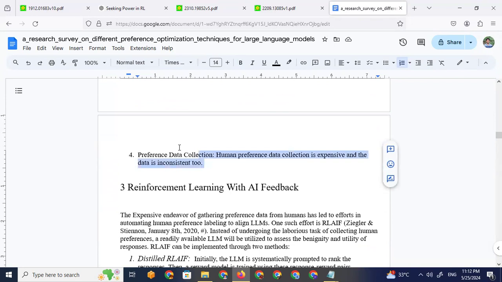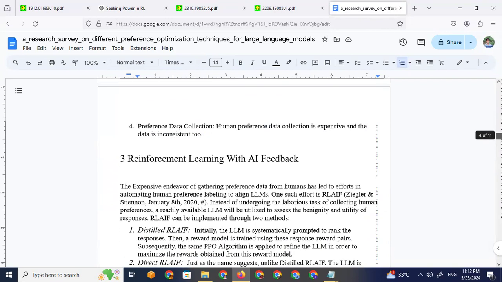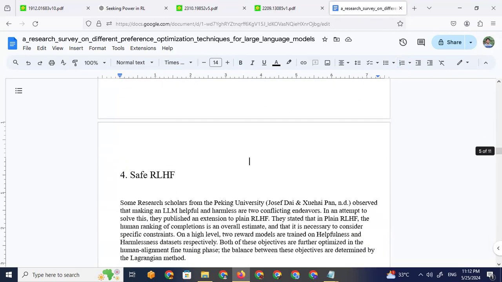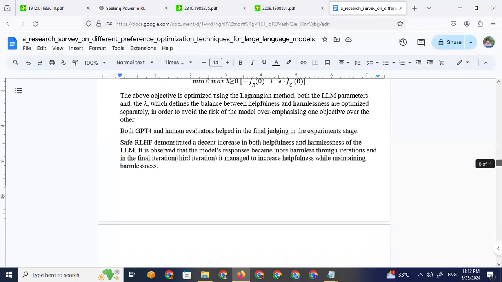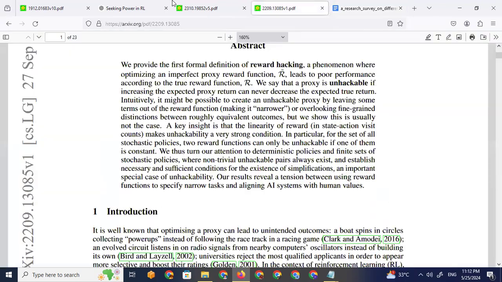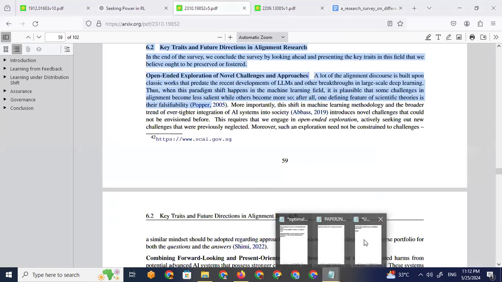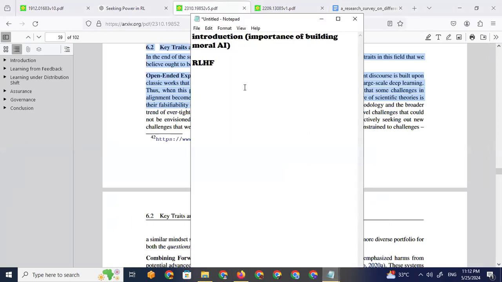So yeah, maybe we could just put in all of this, right? And then we also include RLHF, RLAIF. Maybe we could do this, and after RLAIF, and probably also after safe RLHF, we'll put in all of our RLHF things: RLHF, RLAIF, and safe RLHF.